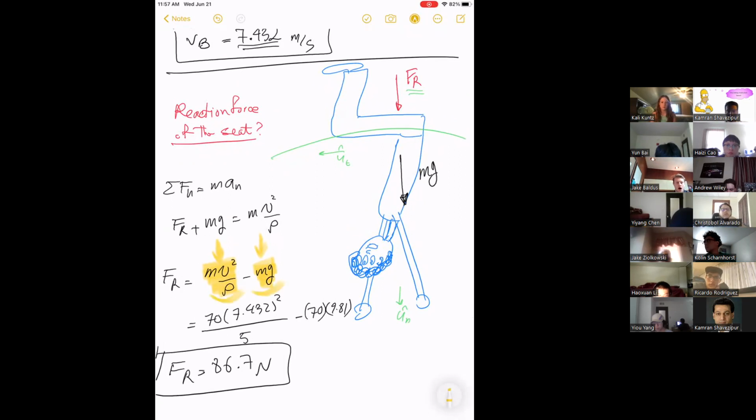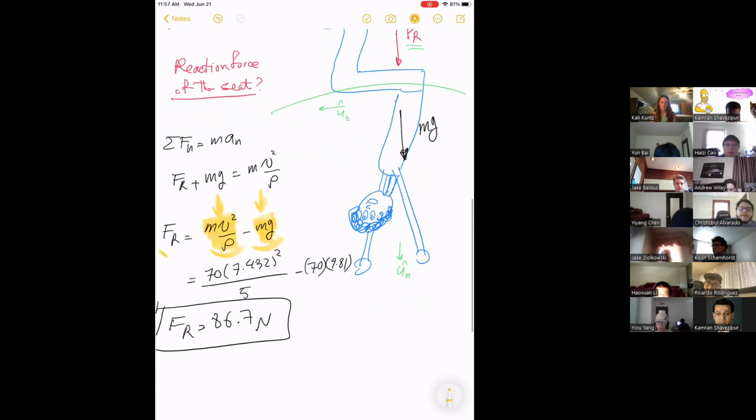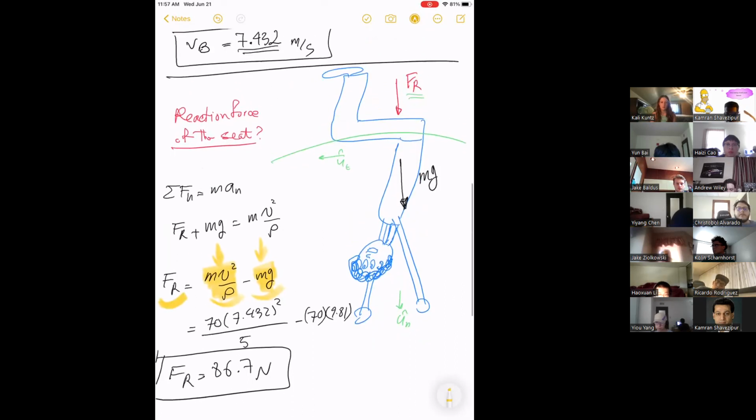It becomes less than the gravitational force. What happens? FR becomes negative, obviously, right? Can we have a negative FR here?